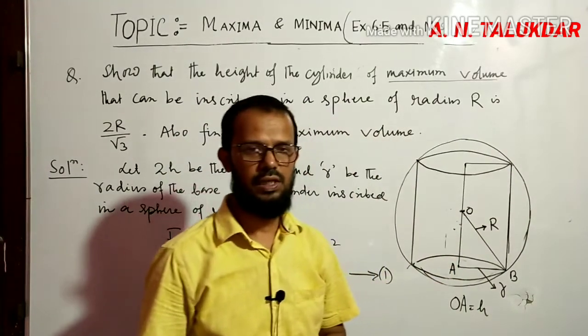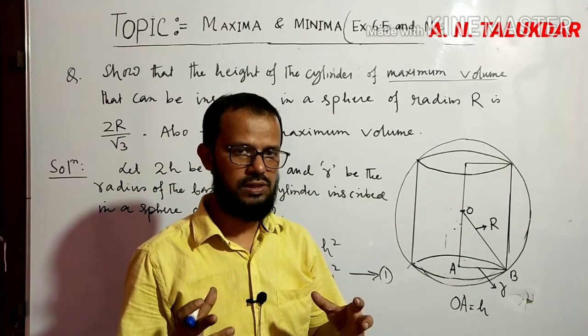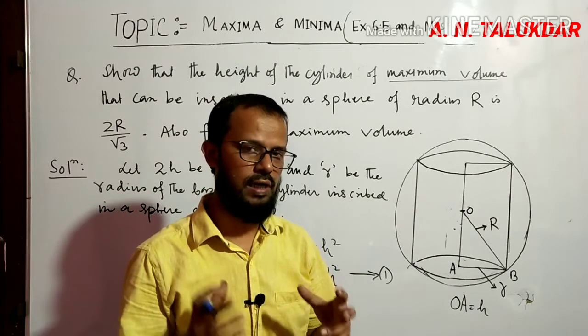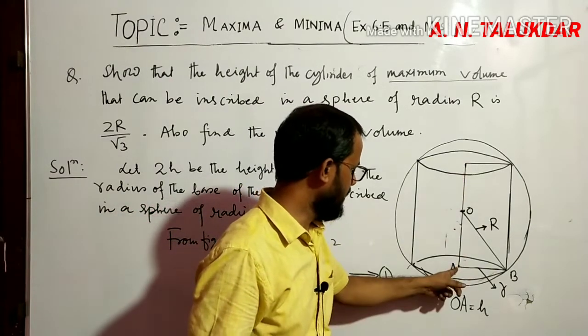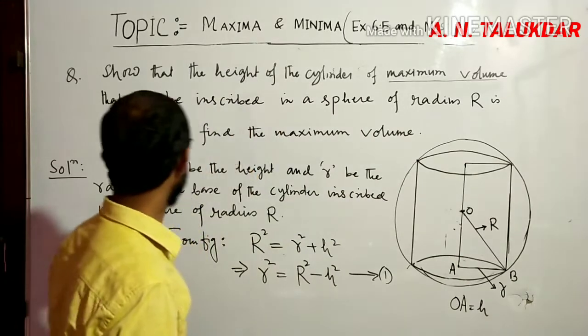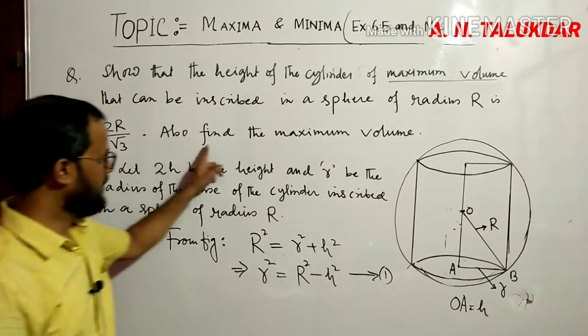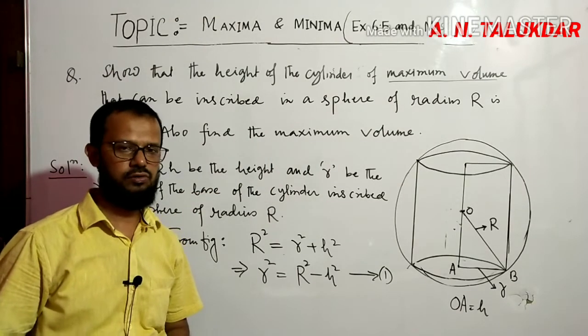Among all these cylinders, one particular cylinder has the maximum volume when its height is equal to twice r by root 3. And at that time you are also to find what the maximum value is.